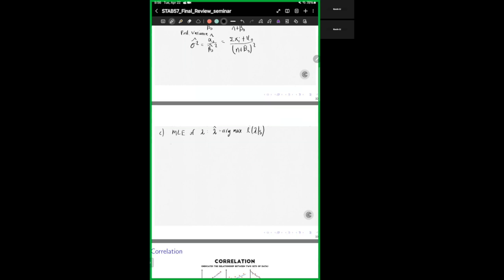So this one is equal to argmax of log of e to the negative n lambda to the power of the sum of xi over the product of xj factorial, j to n.